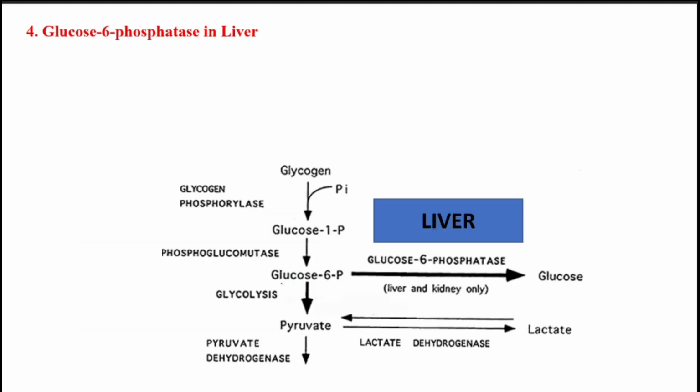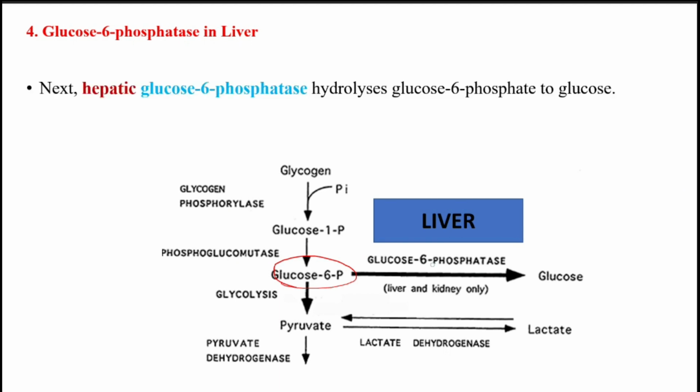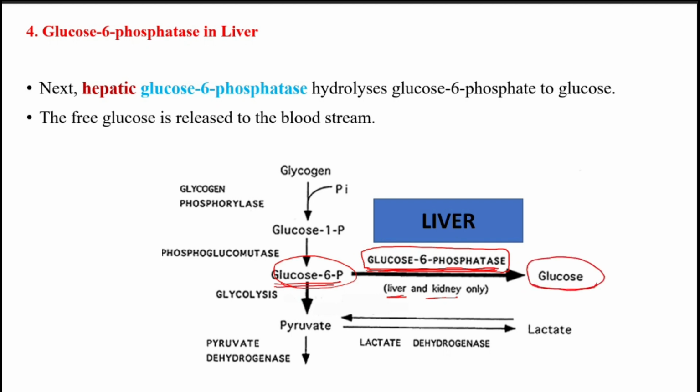Now, the fate of this glucose 6-phosphate in liver: in liver there is a special enzyme called glucose 6-phosphatase. This is only present in liver and kidney. This enzyme hydrolyzes glucose 6-phosphate to form free glucose, which is further released into the bloodstream.